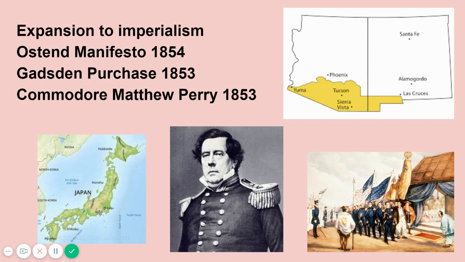So we forced trade on Japan. Commodore Matthew Perry forced trade, forced an area where our ships can stop in their trading routes to Asia under the threat of war. So this is an example of how we're going again from expansion to imperialism.